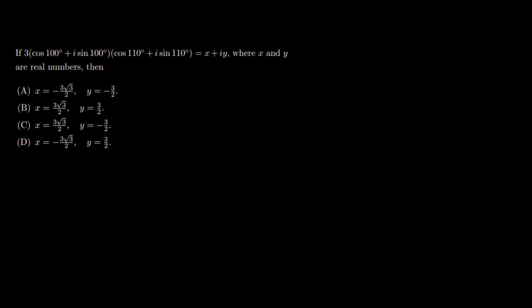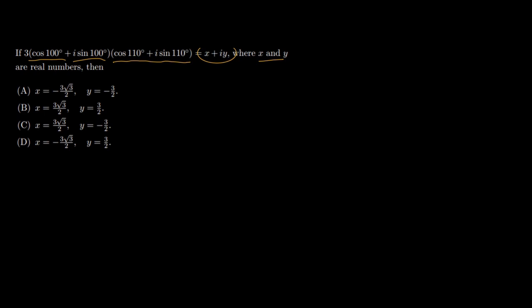We look at the next question, which says if 3 (cos 100 degree plus i sin 100 degree) multiplied by (cos 110 plus i sin 110) is equal to x plus iy, where x and y are real numbers, then find the value of x and y. So we just simplify this.